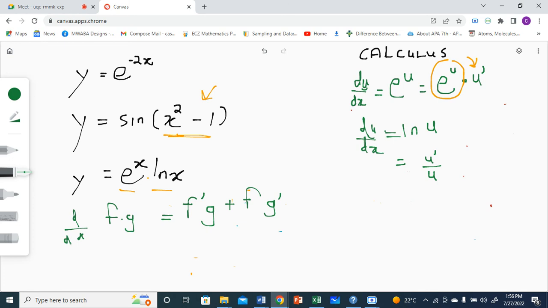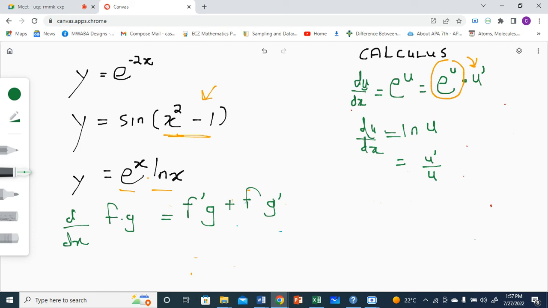Can we also write this down? This is the product rule. Whenever you have two different functions or two different expressions, f and g, it equals f prime g plus f g prime, meaning you have to derive f without deriving g. Then you add f. You don't derive f this time, you derive just g.